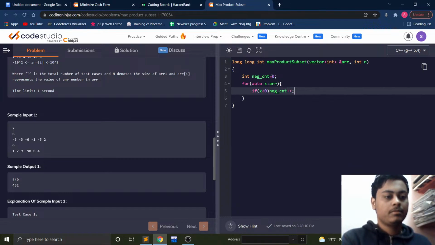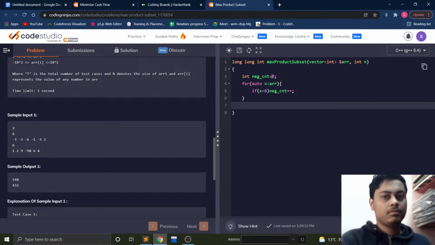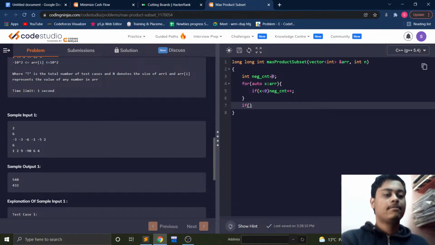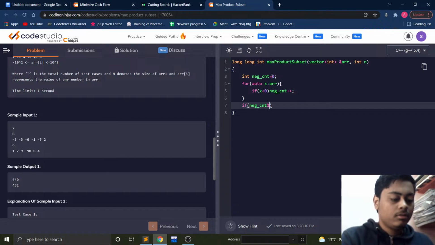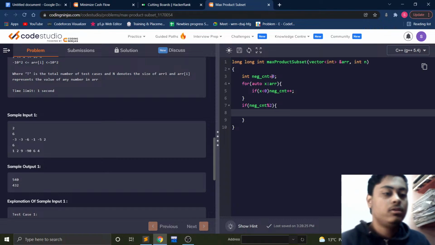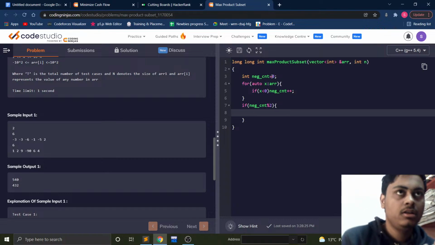Okay. If negative count mod 2 is odd, I have to remove 1, no? I will convert it into 0. Which one to convert? The largest negative number.